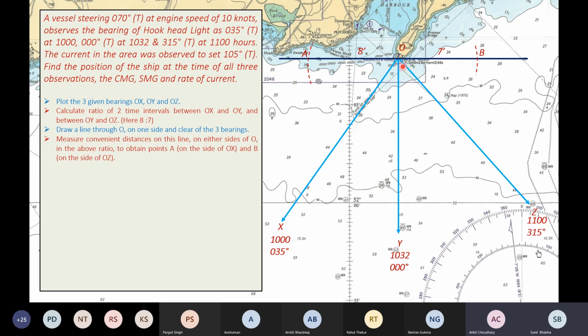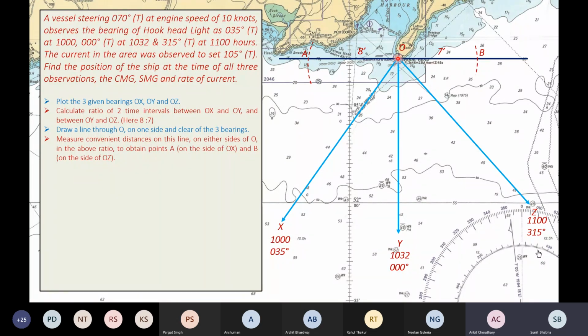So you can now see that the ratio of OA to OB is 8:7, and this ratio is exactly the same as the ratio of time intervals between OX and OY and OY and OZ. The time intervals between XY and YZ were having a ratio of 8:7, and we have the similar ratio marked on this particular line. I'm repeating once again.